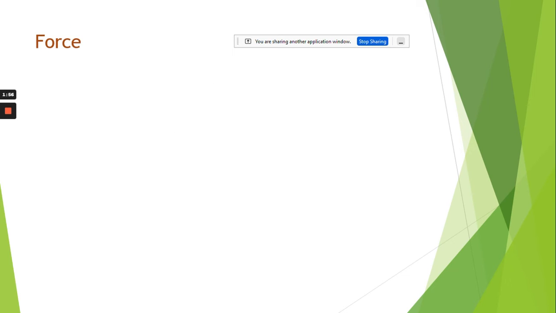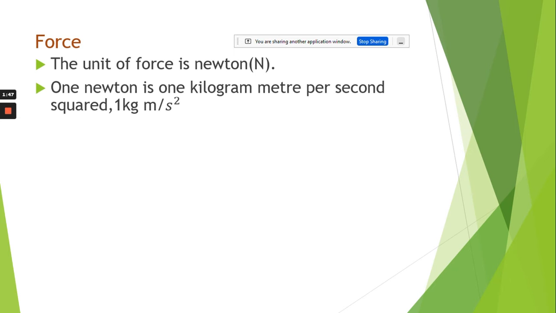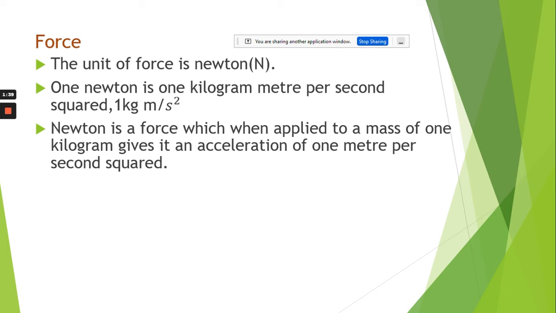Now let's look at another quantity, which is force. The unit of force is newtons. 1 newton is 1 kilogram meter per second squared. A newton is a force which, when applied to a mass of 1 kilogram, gives it an acceleration of 1 meter per second squared.